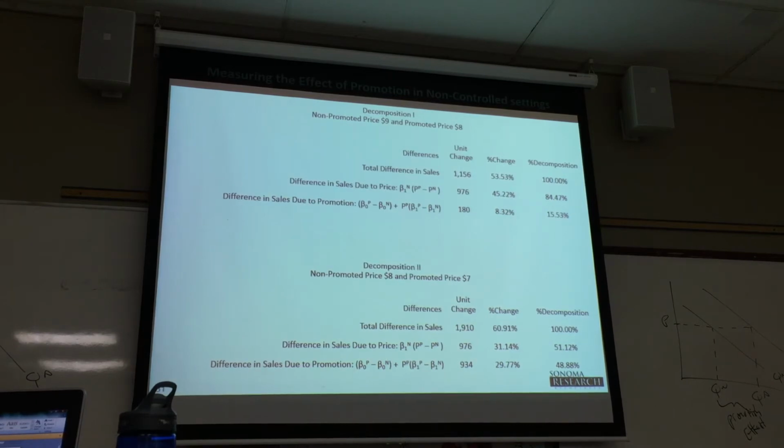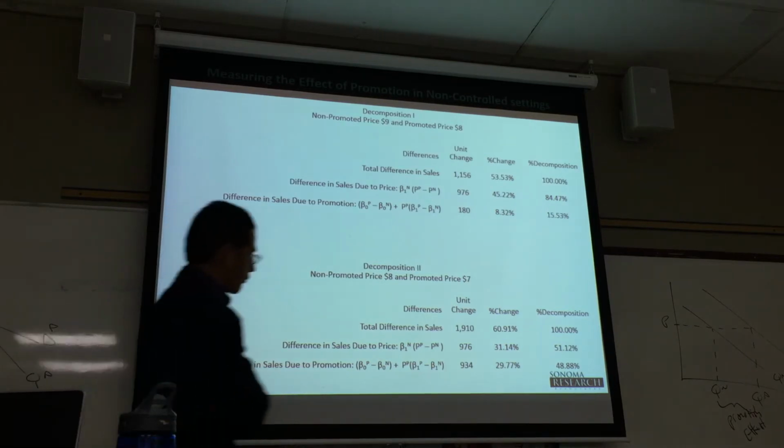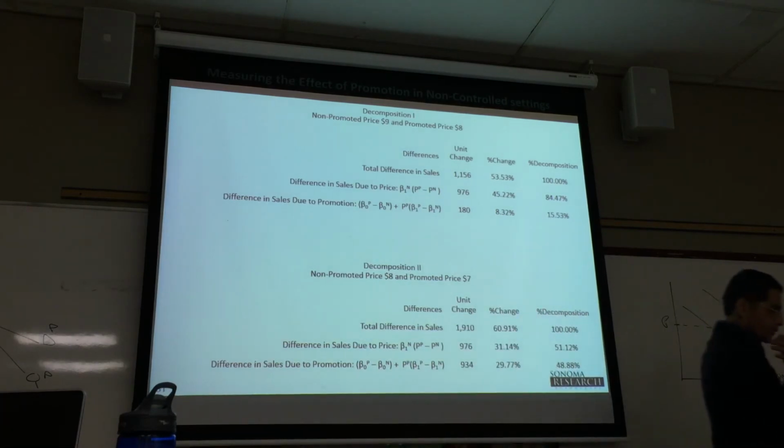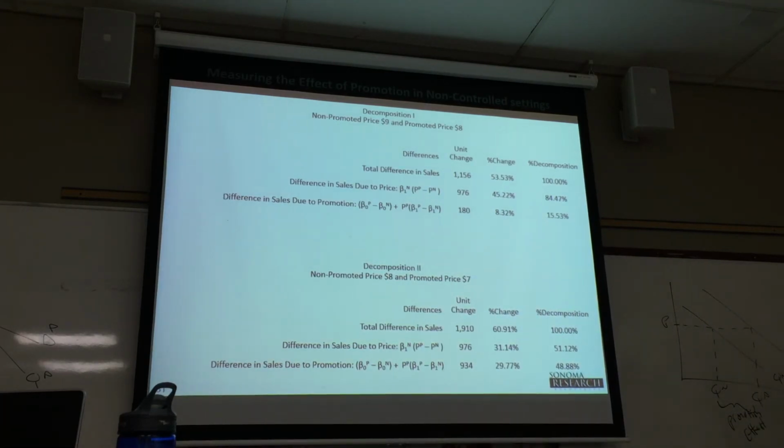Which fits my hypothesis, that this demand curve is going to be flatter because people that buy on promotion are more price sensitive. And if they're more price sensitive, they're going to respond stronger to a price reduction, and hence, there's going to be a bigger distance between these demand curves, which is essentially our promotion effect. So promoting at different prices has different effects.